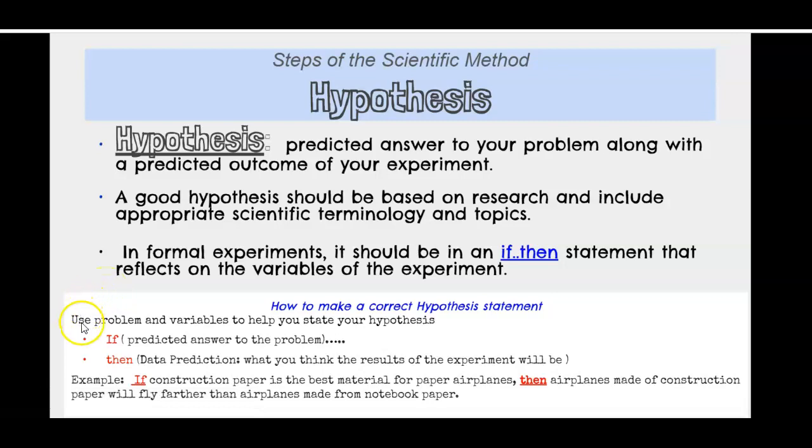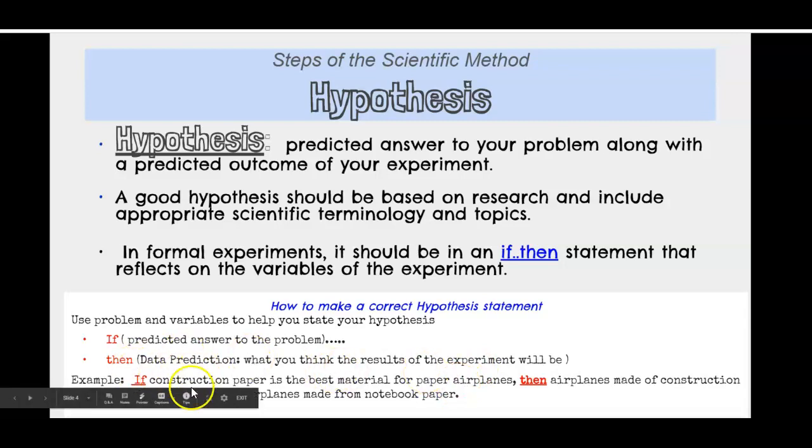So your if statement on a hypothesis is the predicted answer to your problem, and the then statement is what the data will look like if your predicted answer is correct. So if you think that construction paper is the best material for a paper airplane, then the construction paper airplane will fly farther, right?